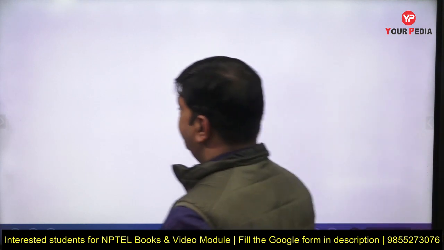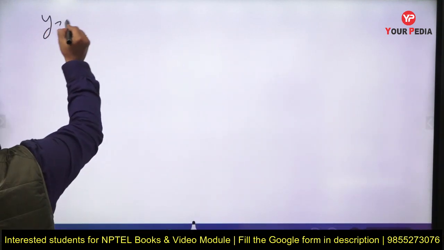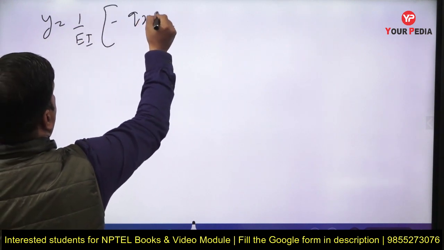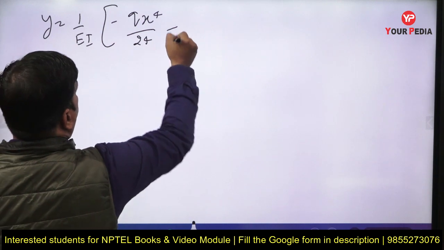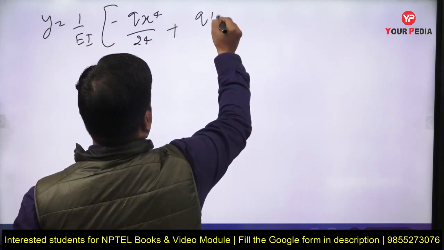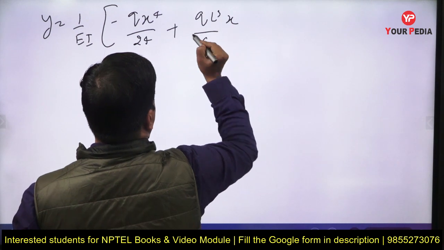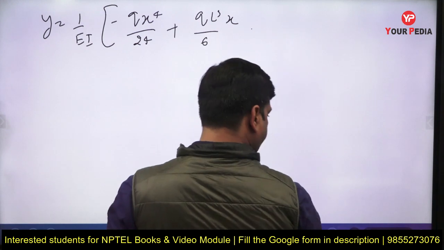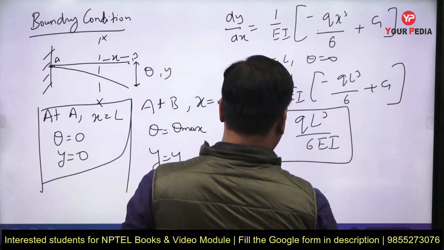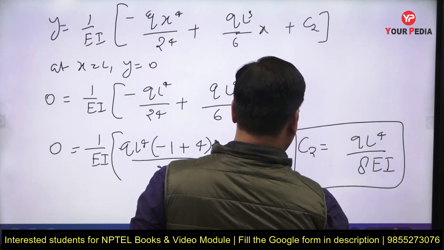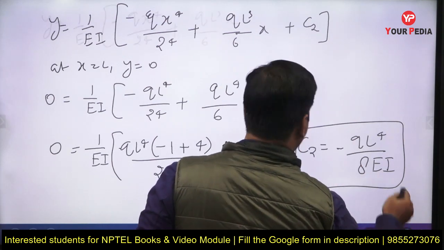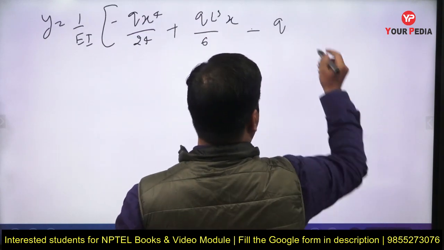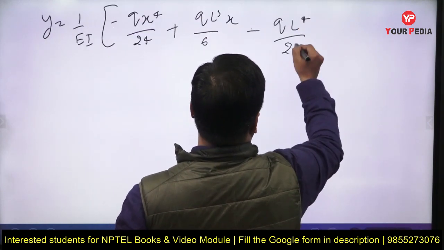Now put this value again in y equals 1 upon EI times minus q x to the power 4 upon 24 plus q L cube into x upon 6, and this one is again plus, this one came out negative. So this one is again q L to the power 4 upon 24.